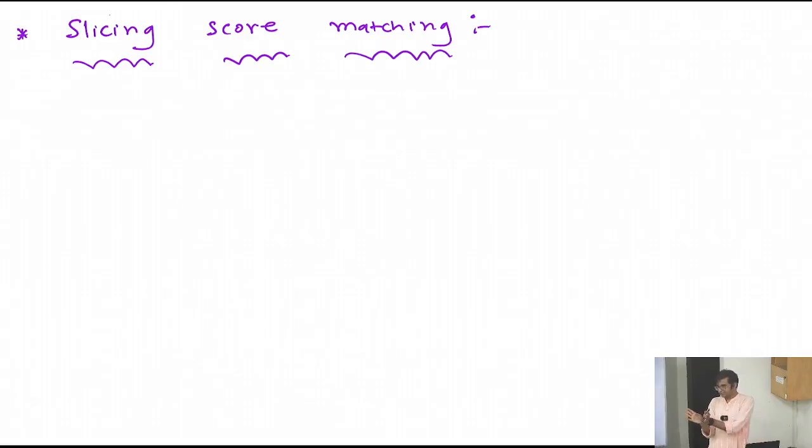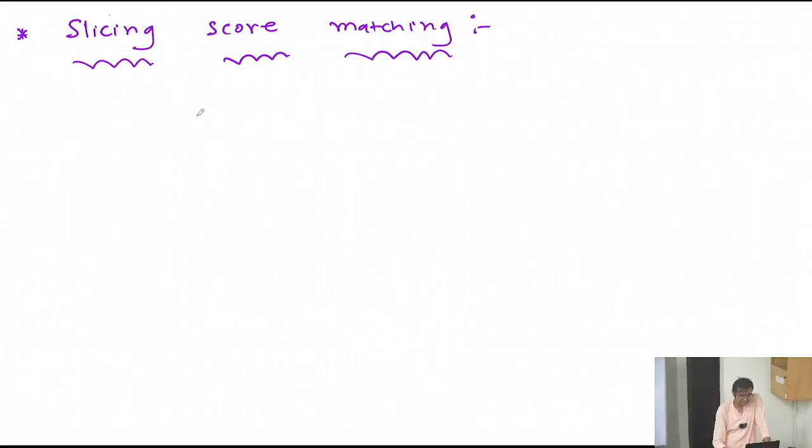Dot product of two things you cannot do. Remember, keep that in mind. Yes, but if we could do that, we would have done that. But we cannot do that. Why? Because you don't know the score of the distribution to start with. So slicing score matching.